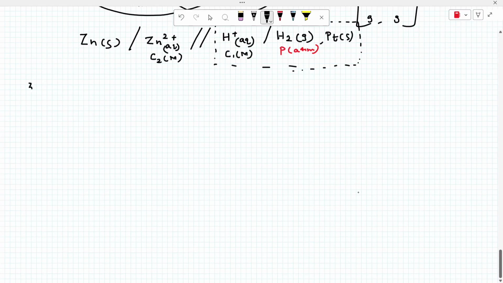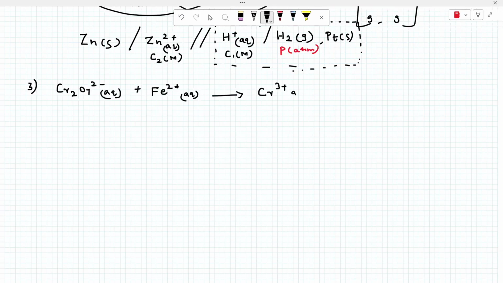Now third question. Cr2O7 2 minus aqueous plus Fe2 plus aqueous gives Cr3 plus aqueous plus Fe3 plus aqueous.